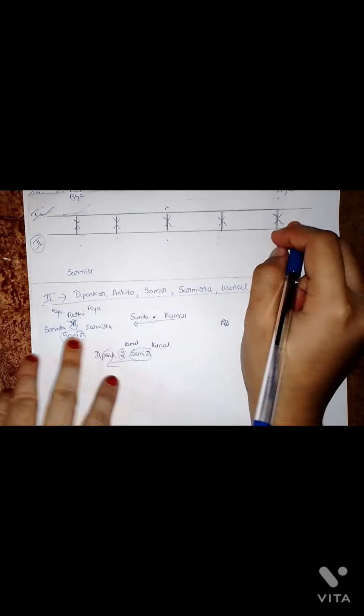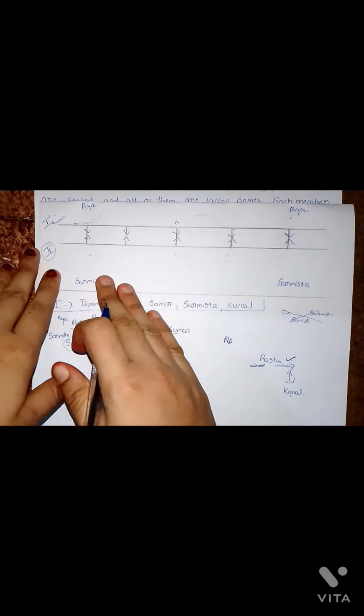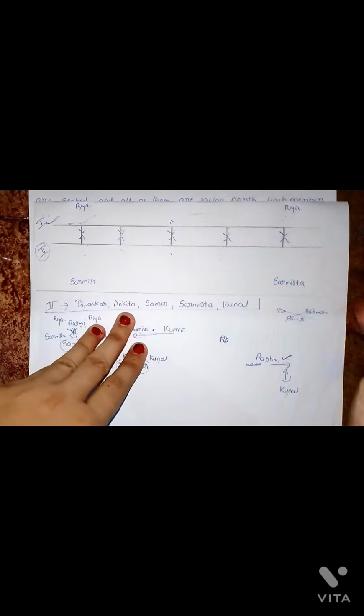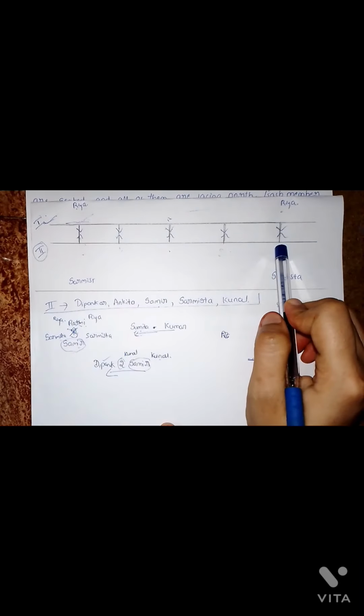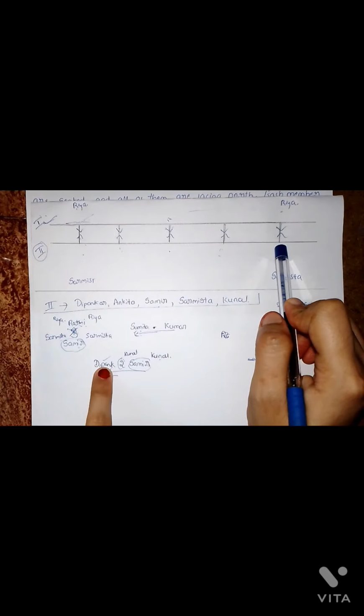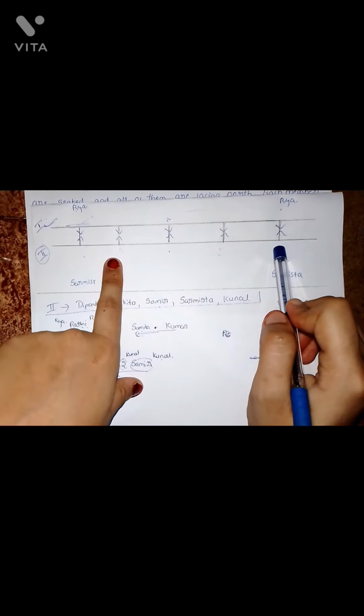That means Samir is sitting in the second row. If Samir comes here, we have to leave two spaces, and here Deepankar will come. If Samir comes here, Deepankar will come here.